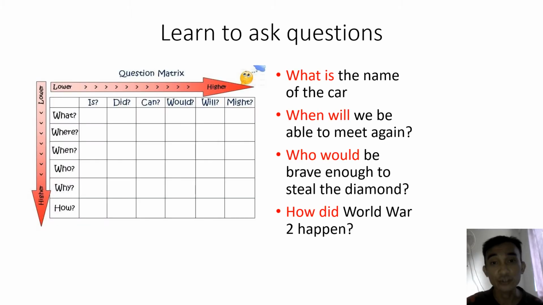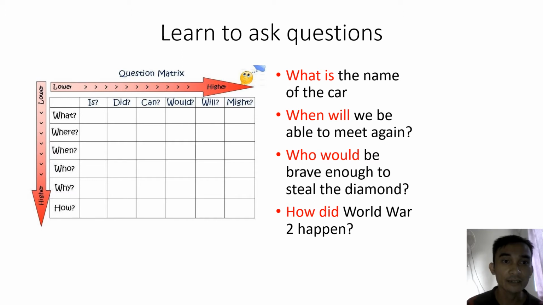Now, in the English language, you may use what we call a question matrix. It's a tool that will help you to create your own questions. Now, when you look at this Q matrix here, question matrix, there are two panels. This is the first panel, the one on the top, and then there's another panel on the left side of it.